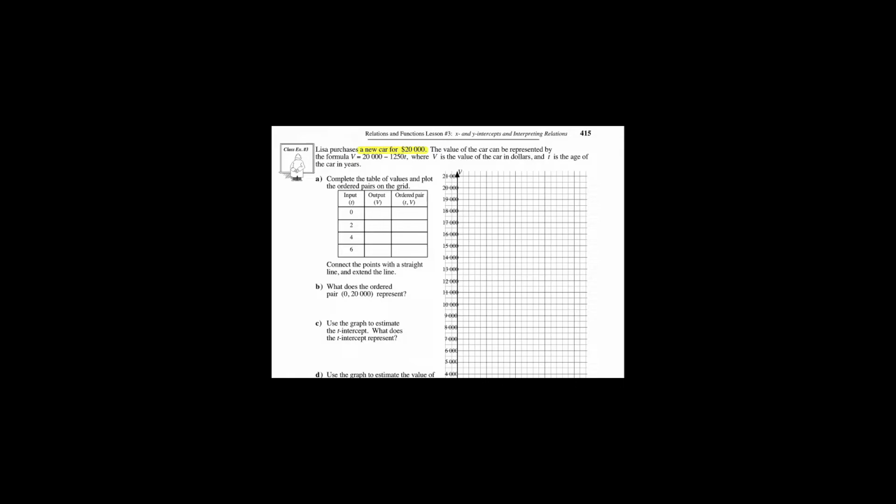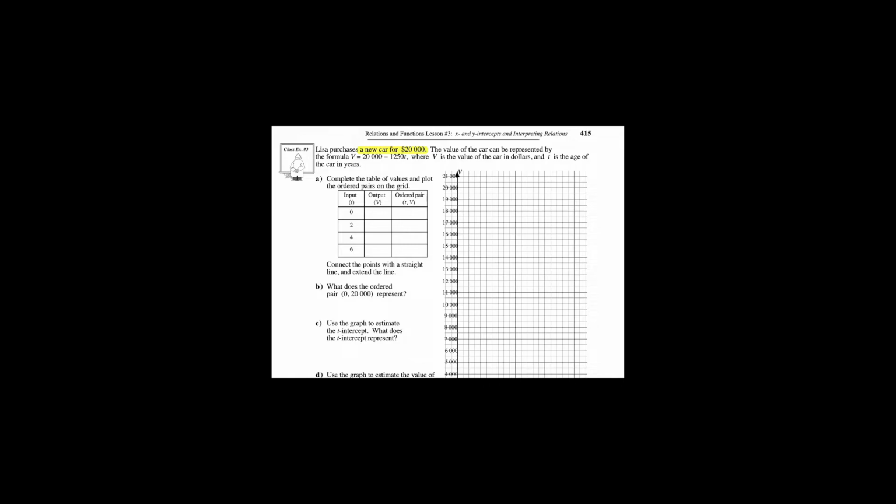Okay, the value of the car can be represented by the formula V, which is the value of the car, equals 20,000, which is our original purchase, minus 1,250 times T, and T is the number of years.